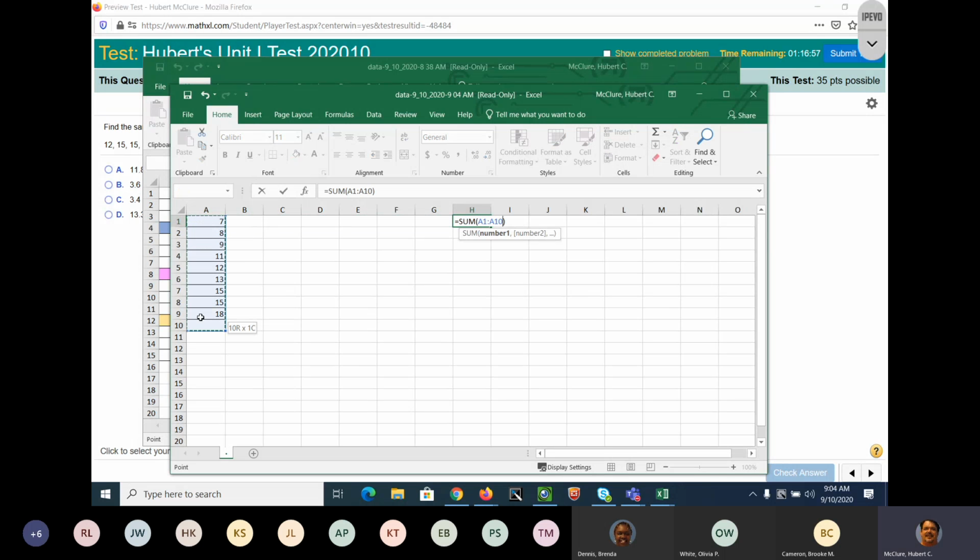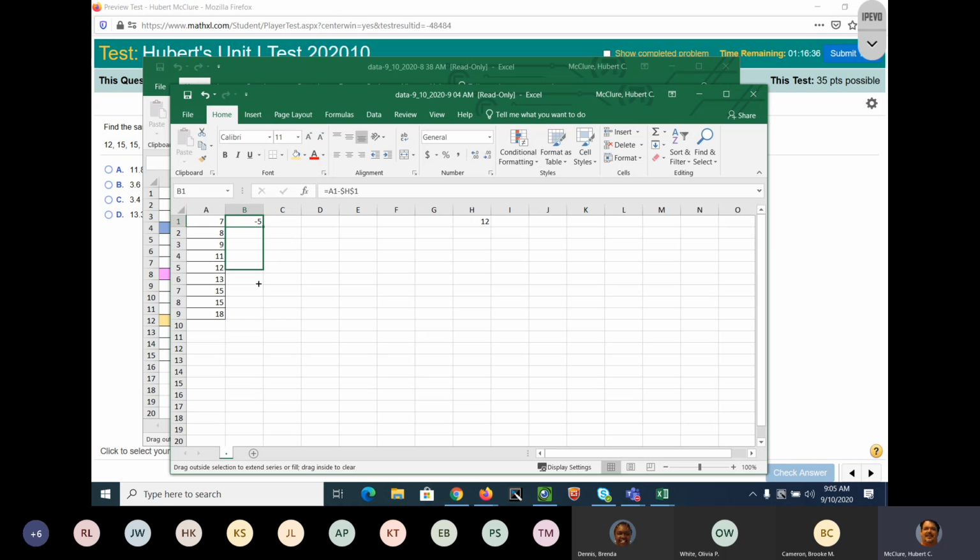Then I'm going to find the mean. Notice I'm not writing everything. I'm just doing it real quick. Divided by 9. Now I'm going to take the x and minus the 12, hit function F4, and hit enter.